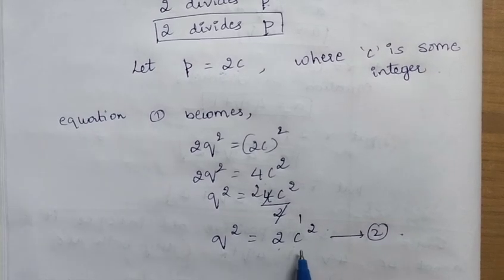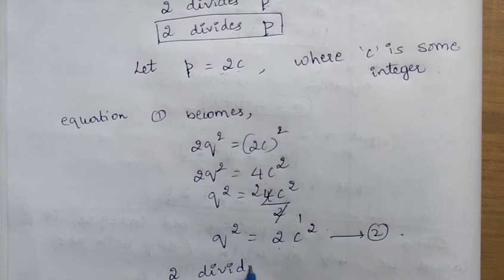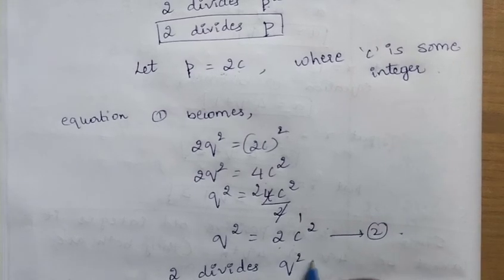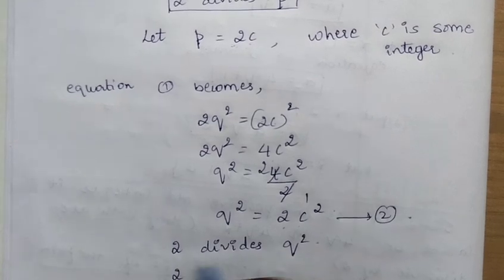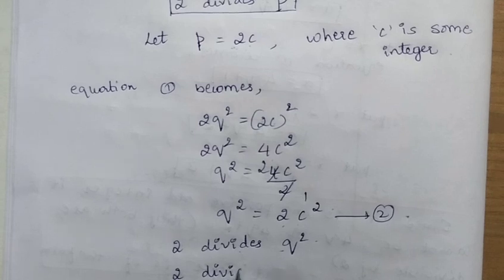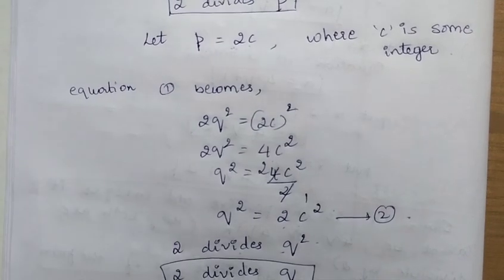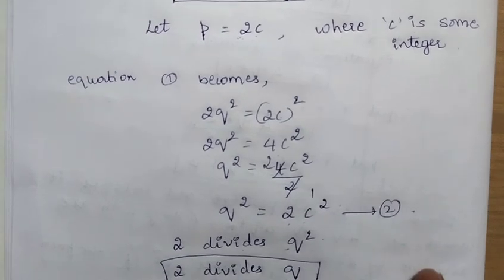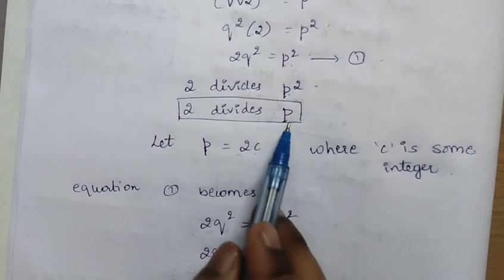What does this imply? This implies that 2 divides q square. So based on the theorem, if 2 divides q square, then obviously 2 divides q. This is my second important statement. In the first statement I have written that 2 divides p.